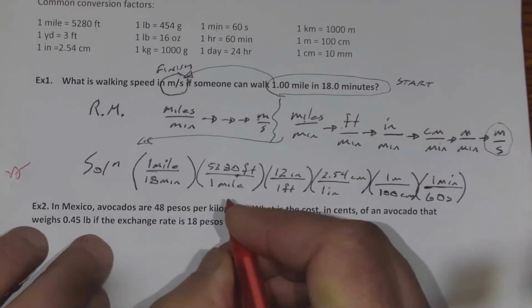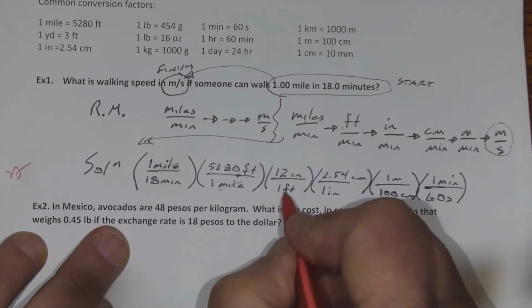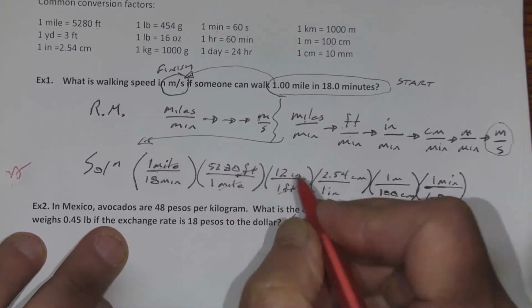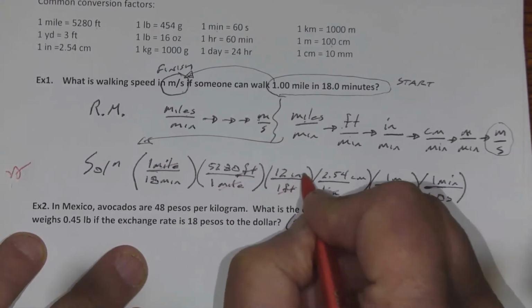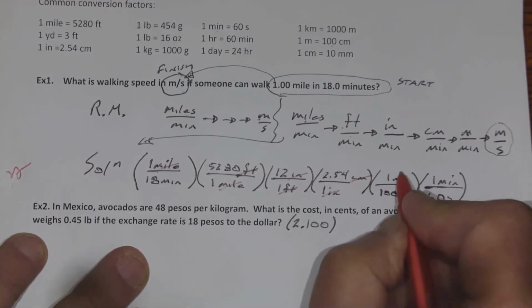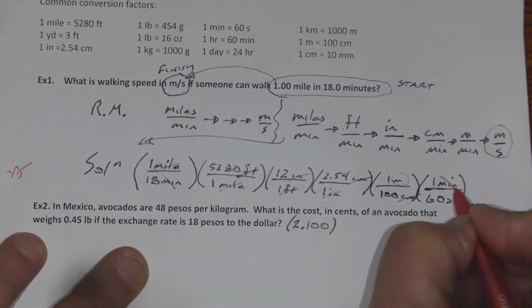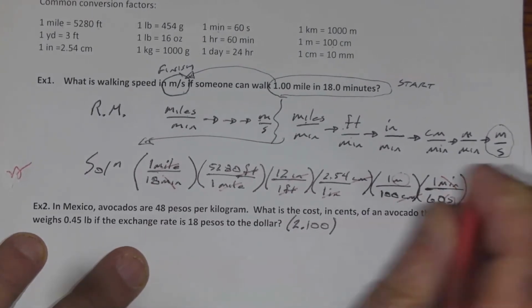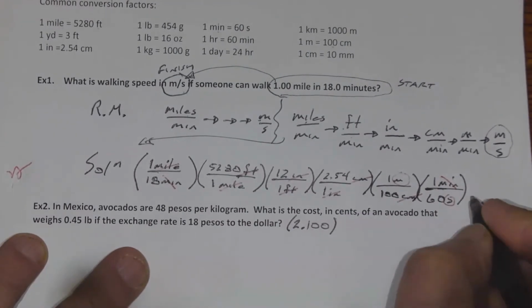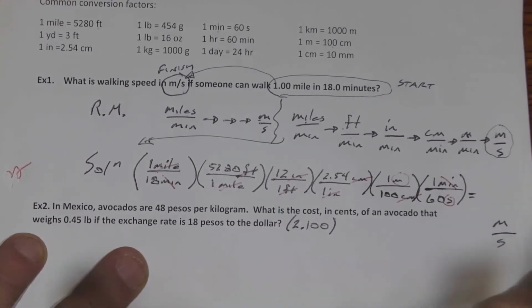What? Oh, there it is. So my miles cancel, my feet cancel, my inches cancel, my centimeters cancel, and I'm left with meters. And then my minutes cancel here, my minutes cancel there, I'm left with seconds. And so I see then that this is going to be equal to some number of meters per second.